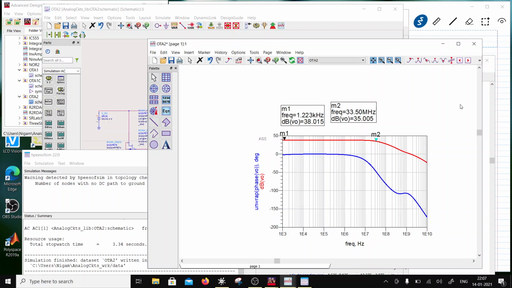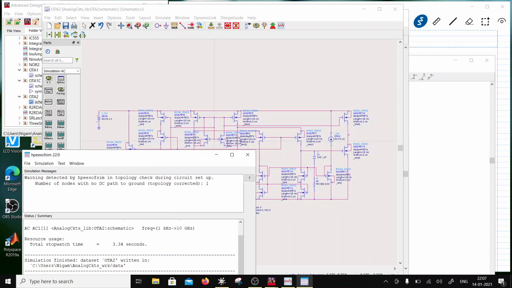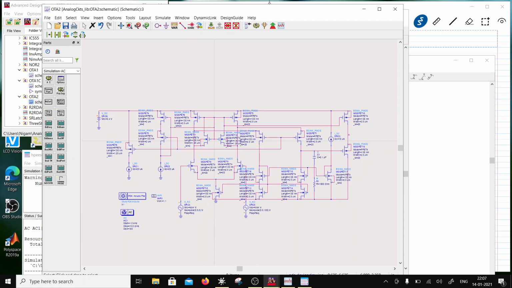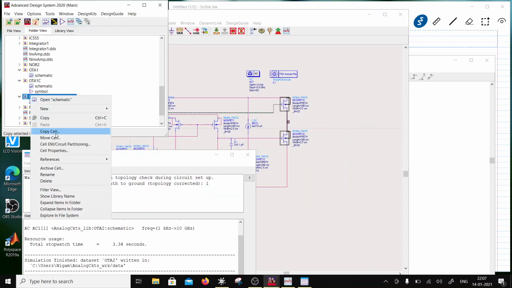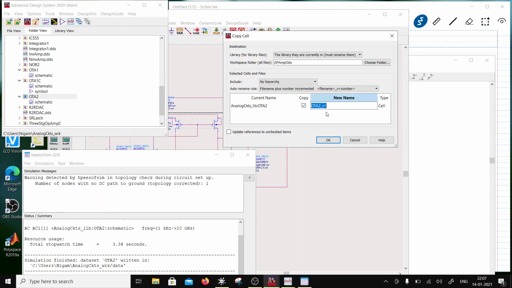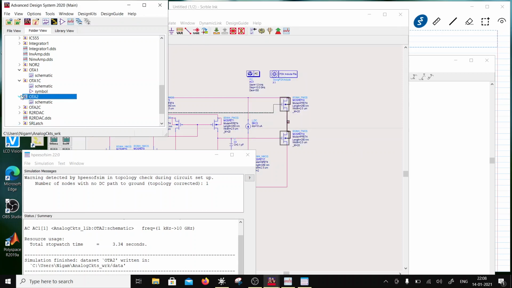So almost 33.5 megahertz is the bandwidth over here, the first corner frequency, right? So I'm going to use that. So I'll make a component out of this. So OTA2, I'll just copy the cell and I will call it OTA2C. Okay, so this is going to be component.